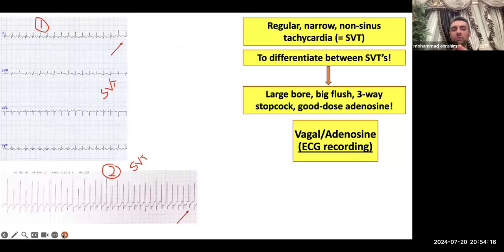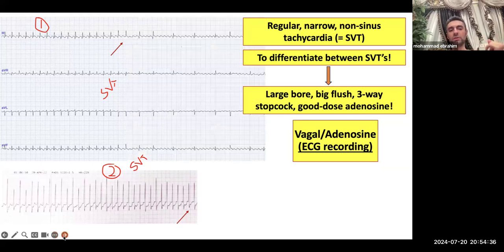Here in Kuwait, for example, most of the time people give adenosine and say, we gave adenosine and nothing happened, or something happened. But where is this something? No documentation. This is unacceptable, and I'm sure this is the case everywhere. You have to record the ECG during adenosine. So that's what we did here. ECG number 1: what happened after adenosine?